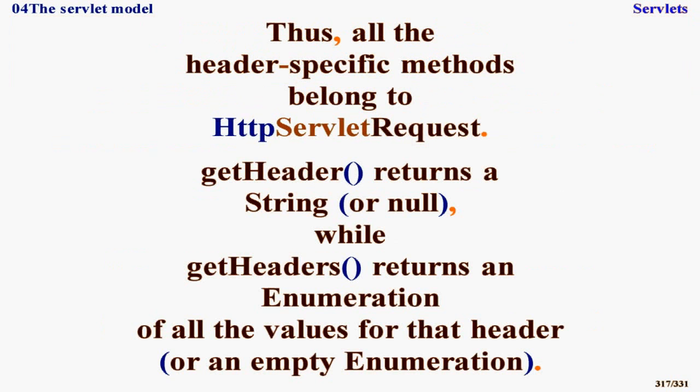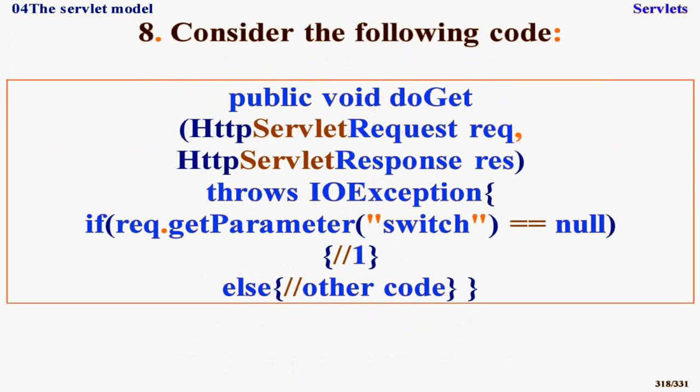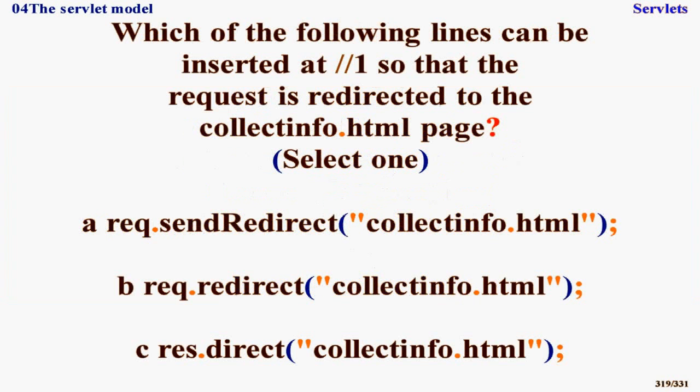8. Consider the following code. public void doGet(HttpServletRequest req, HttpServletResponse res) throws Exception { if (req.getParameter("name") == null) { //1 } else { //other code } }. Which of the following lines can be inserted at 1 so that the request is redirected to the collectinfo.html page? Select 1.